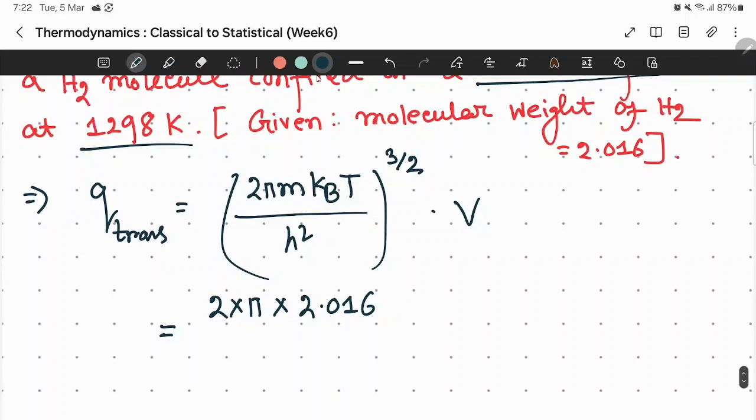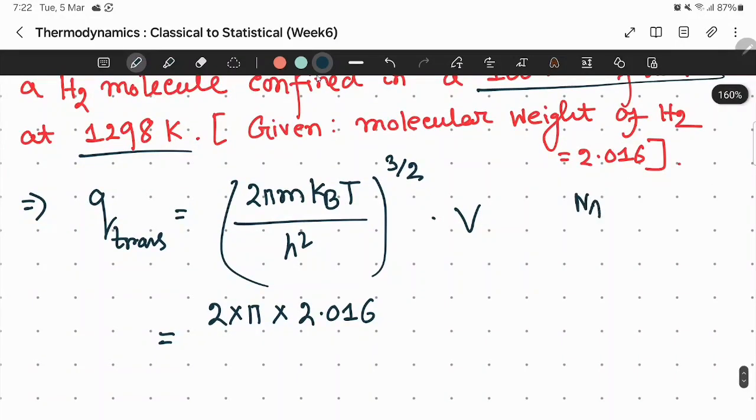Okay, this is the molecular weight. Molecular weight means for any number of molecules. It is 2.016 gram for any number of molecules. But for one molecule, it is 2.016 divided by NA gram.